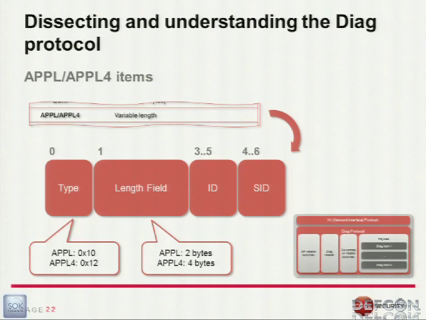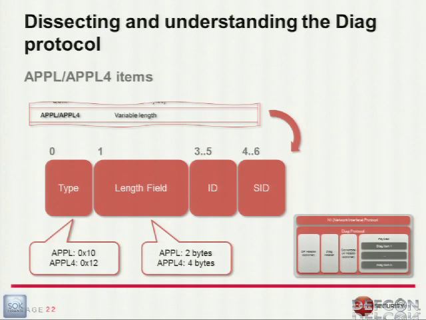The first field is the type, which denotes if it is an APPL or APPL4 item. Then you have a length field, which can be 2 bytes or 4 bytes long. And then you have 2 additional identifiers, an ID and SID. During my test, I identified 172 different combinations of IDs and SIDs.